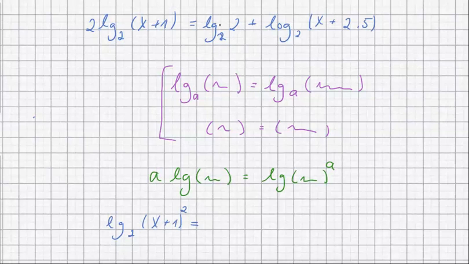So log is an operation, right? So we apply the log on the 2. But it can be applied differently according to the bases. So here we apply log with the base of 2 on the number 2.